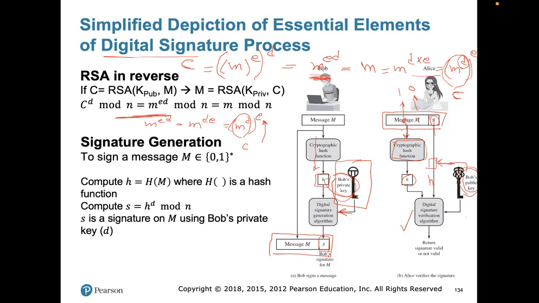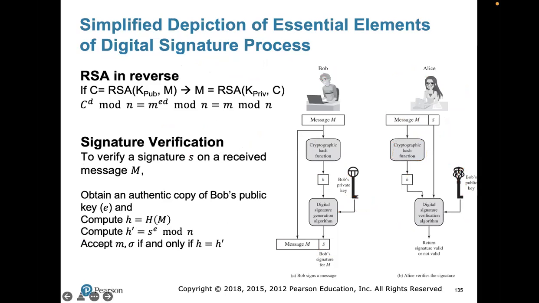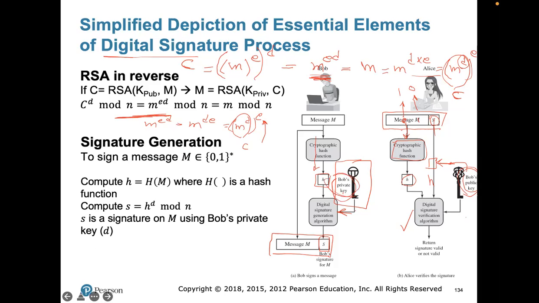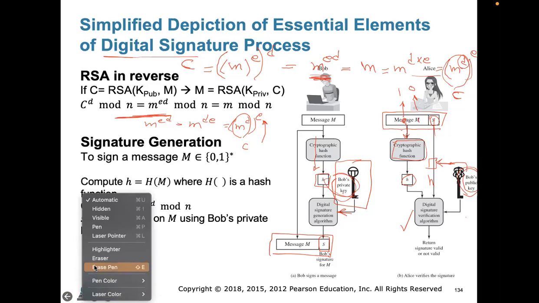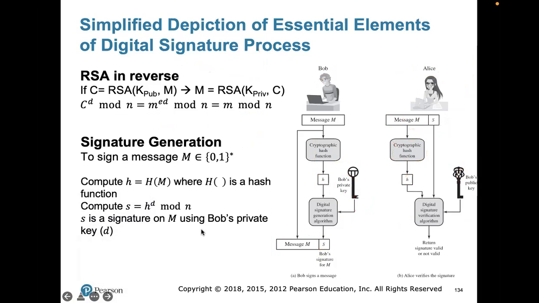So because of that, we make this smart move, and we say, okay, how about Bob encrypts the message using his own private key instead of his public key? If Bob encrypts the message using his own private key, now he can keep his private key private, and he doesn't have to share it with anyone.